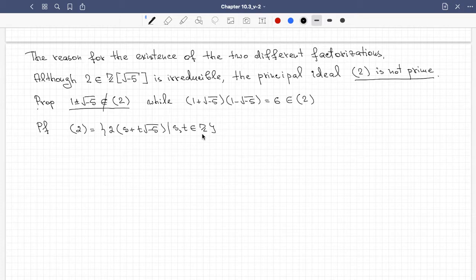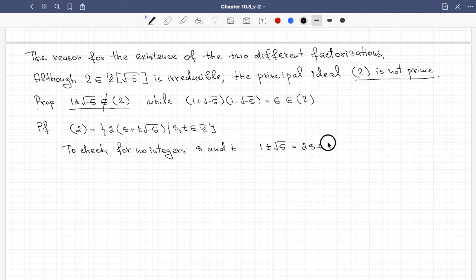So what we need to check is that for no integers s and t does 1 plus or minus root of negative 5 equal 2s plus 2t root of negative 5. All the 5's are, of course, negative 5's.